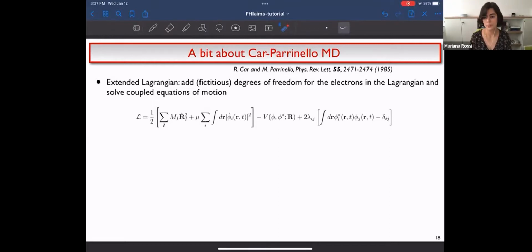So they proposed to do an extended Lagrangian where you have your physical system. So here the kinetic energy minus the potential energy, this is the Lagrangian now of your physical system, and you augment that with fictitious degrees of freedom that now depend on these Kohn-Sham orbitals that you see here. By the way, I just noticed this is missing a sum over ij here.